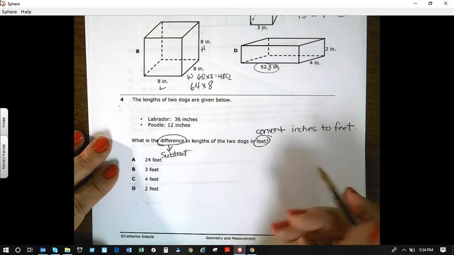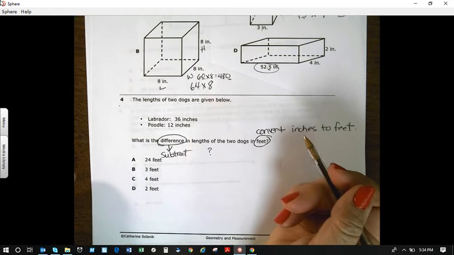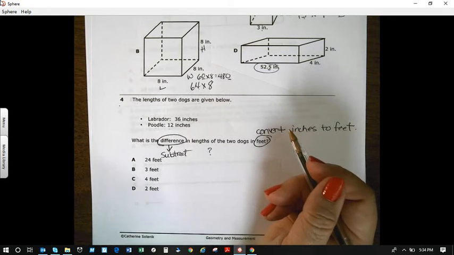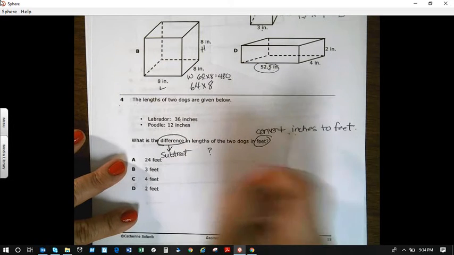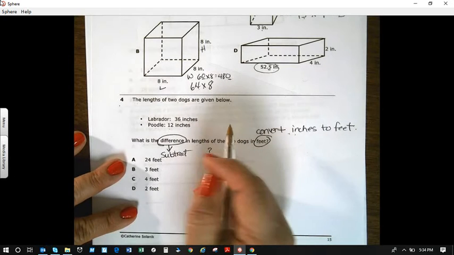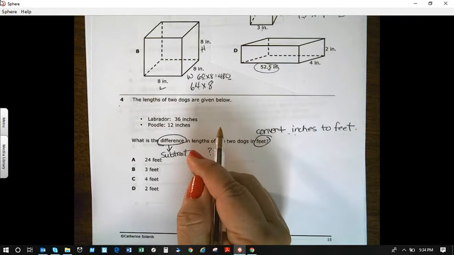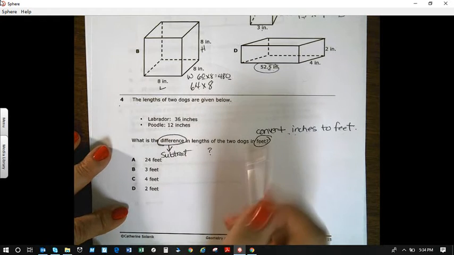Did that take any time? No. Some of you are not wanting to rewrite the question into a fill in the blank. Okay, if you don't want to do it, I strongly suggest you do. If you don't, please make those notations in your question so that you can identify. There's always more than one way of doing it, but you know yourself whether you're able to remember what you're doing and know what you're solving for, or if you're just reading through and confusing yourself.